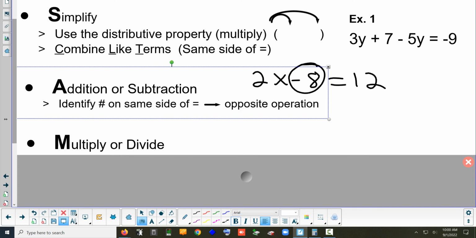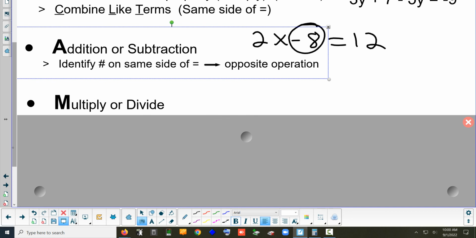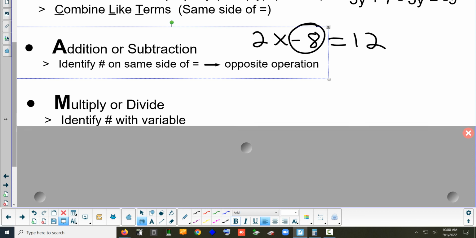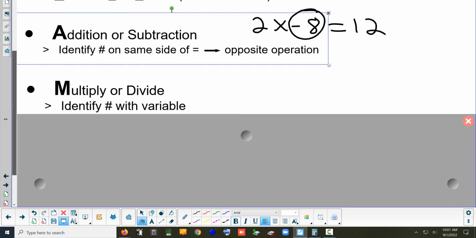And the last thing you do, bless you, is any multiplication or division. You handle all your multiplication or your division. Now, a couple things I want to remind you about with multiplication and division.